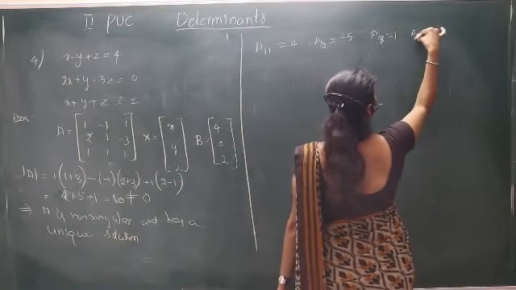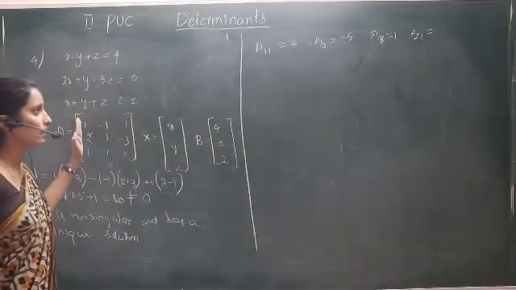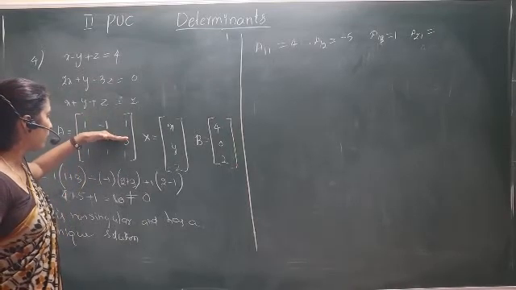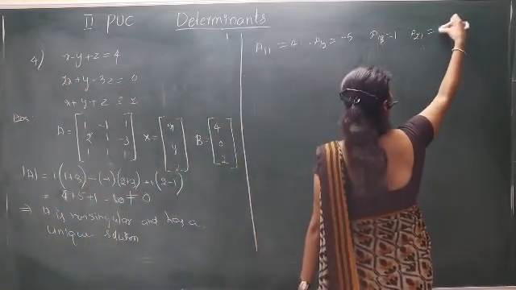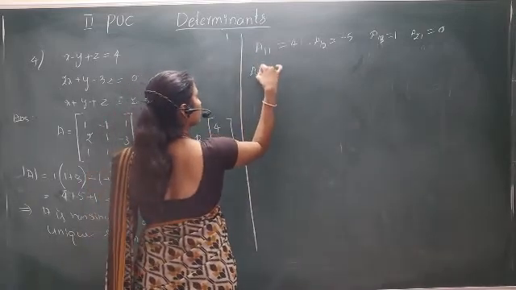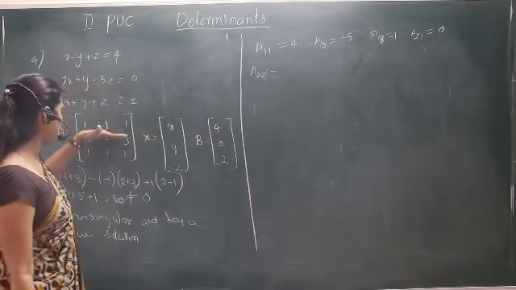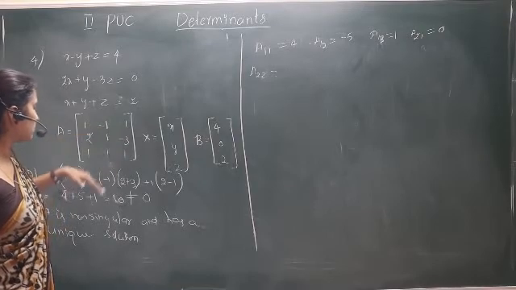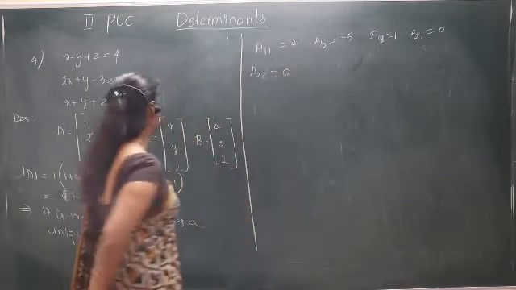Then A21, deleting the second row and first column: minus 1 is 0, that is minus also, that is 0. Then A22, deleting the second row and second column: 1 minus 1 is 0.